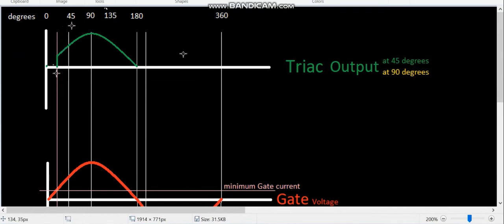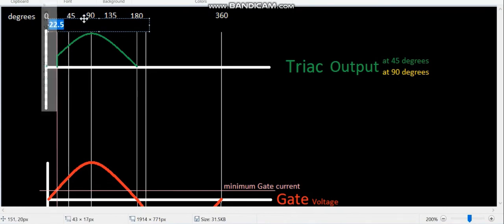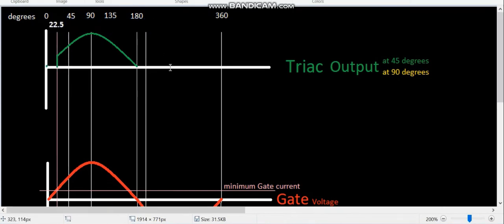If that's halfway between 45, that's about 22.5 degrees firing angle, somewhere around there. I'm just showing it as fairly low, somewhere around 22.5, and it starts to conduct.